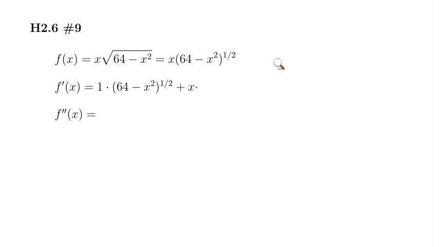And then we have to find the derivative of this second factor, so we're going to use the general power rule. I'm going to first place the power 1/2 in front. Then we keep the quantity exactly the same, which is 64 minus x squared.